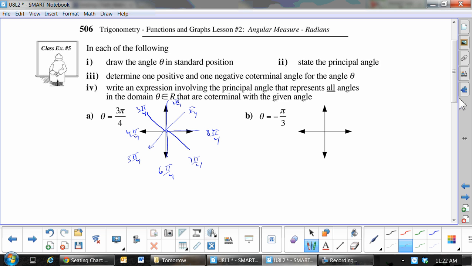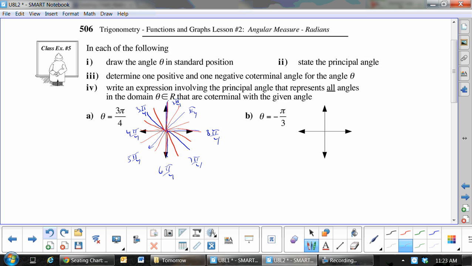Then everything else is over 6. 1 pi over 6, 2 pi over 6, 3 pi over 6, 4 pi over 6, 5 pi over 6, 6 pi over 6, 7 pi over 6, 8 pi over 6, 9 pi over 6, 10 pi over 6, 11 pi over 6, and 12 pi over 6. So there's 12 pi over 6s.